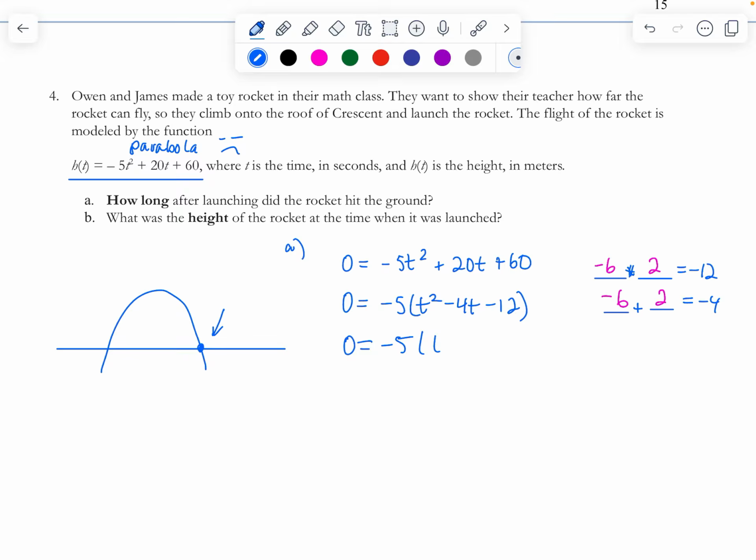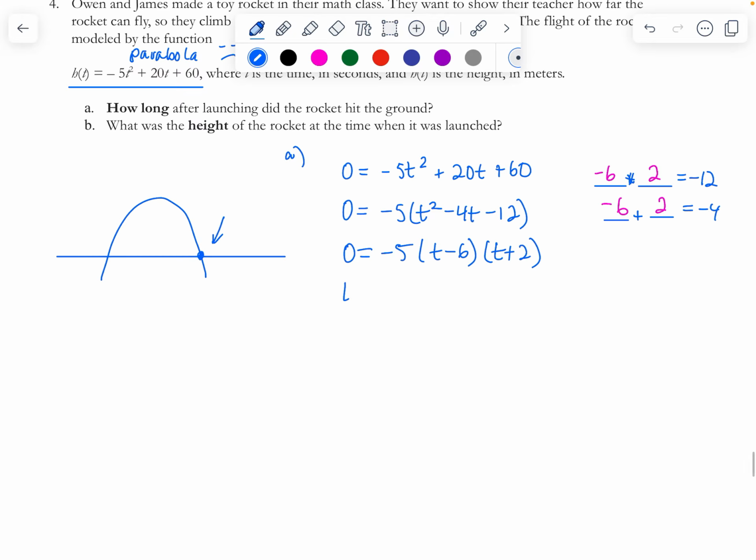All right, so t minus 6, t plus 2. So what that means is my zeros are at t equals 6 and t equals negative 2. And because these are seconds, I know that one doesn't make any sense. The rocket hits the ground at 6 seconds.